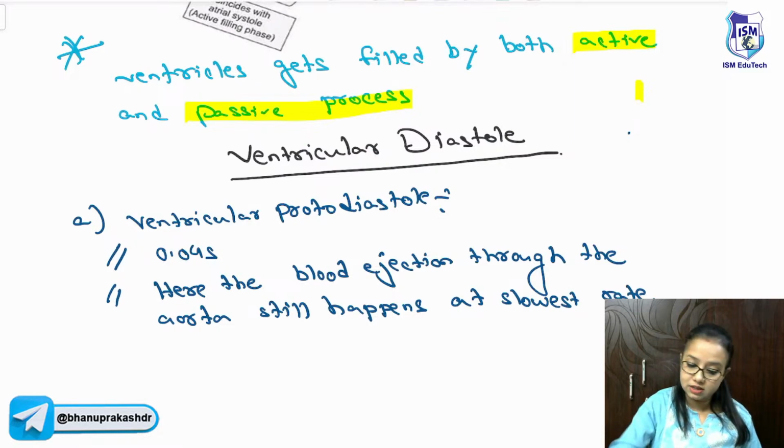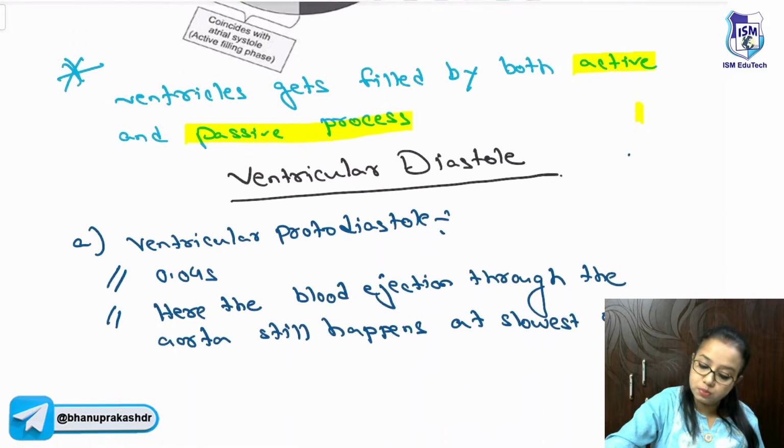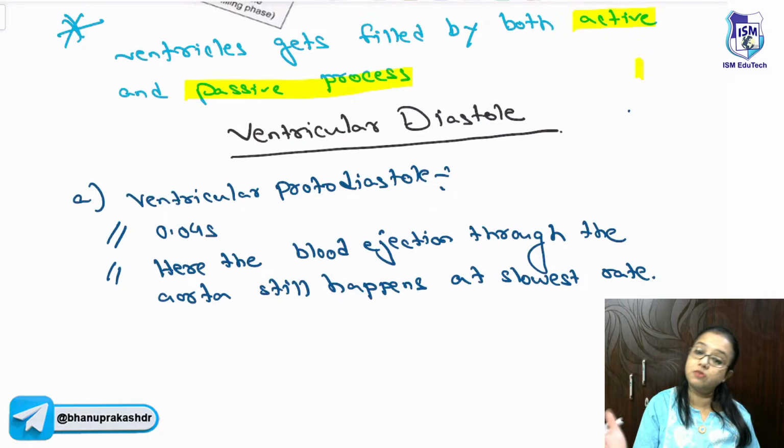So protodiastole, as we have seen, means just before the proper diastole, that is before the filling of the ventricle. So when does diastole happen? Diastole happens just after the systole, that is after the contraction of the ventricle.